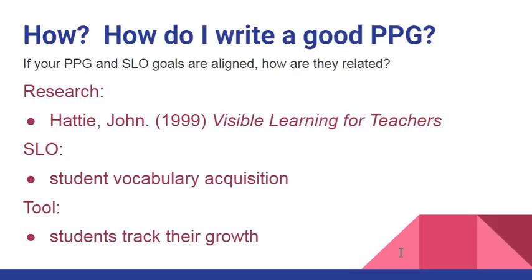And some of the tools I used to determine that that was what I was going to do was a knowledge of a book called Visible Learning for Teachers by John Hattie, where he shows that students keeping their own record of learning has one of the best outcomes for student achievement.